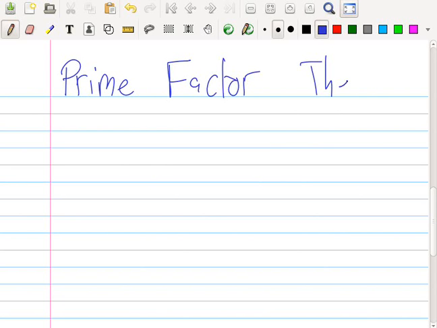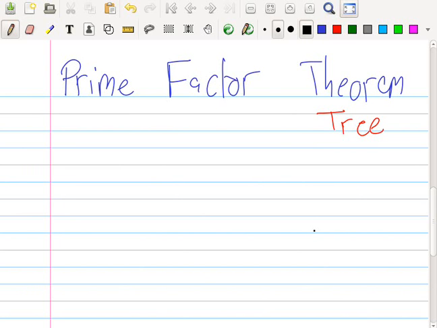The name here, or maybe if it was elementary school, you might have called it prime factor tree. Does this ring any bells for anybody?